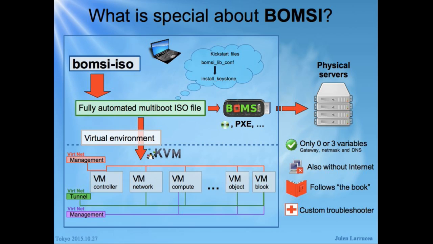And it requires just 3 variables: 3 for Germans, 3 for Americans, and 3 for Japanese. 3 variables for fitting the installation into the existing network infrastructure. These variables are the gateway, the DNS server, and the netmask. And as I said, it can also install fully offline, because it can create a local repository.